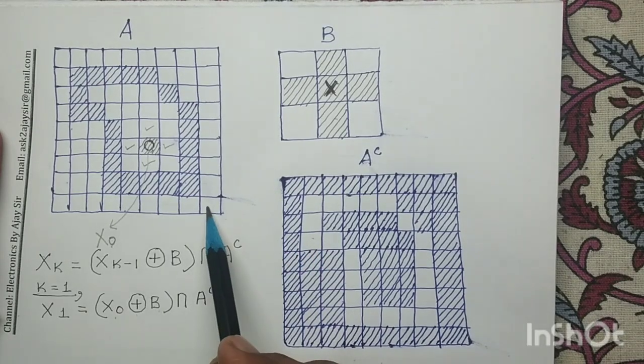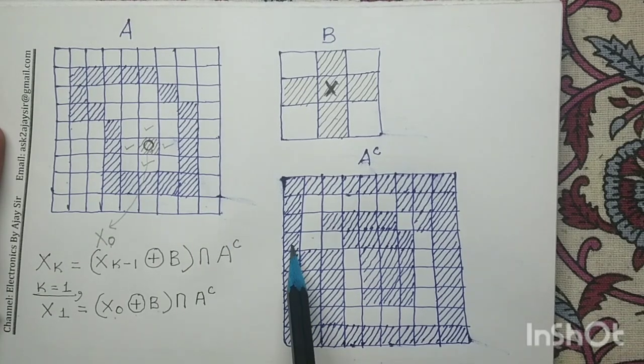And the unshaded pixels in the input image A, that is the pixels at logic level 0 in A, become shaded pixels in A complement, that is converted into logic 1 in its A complement output.